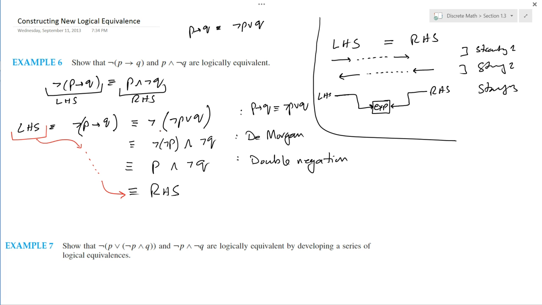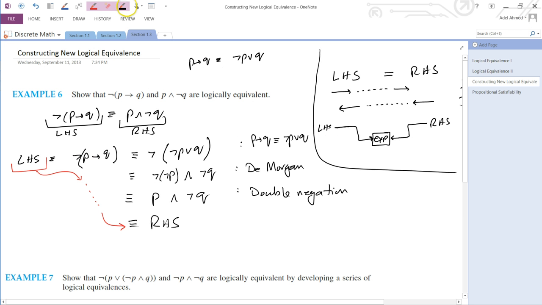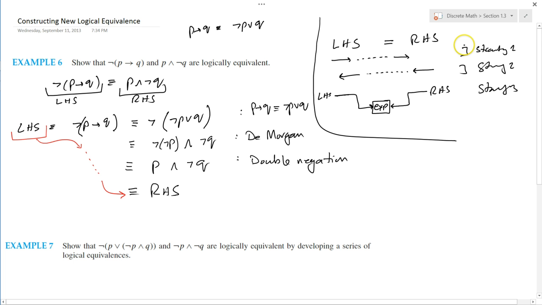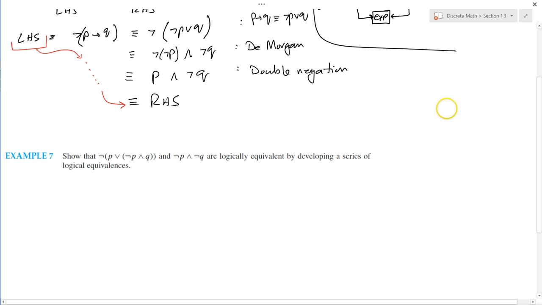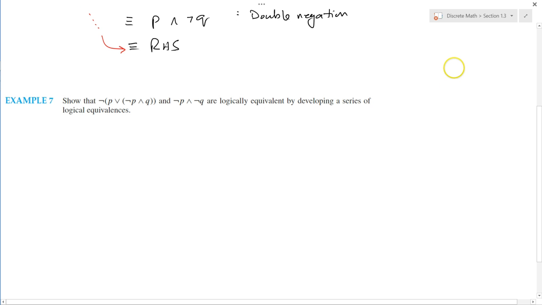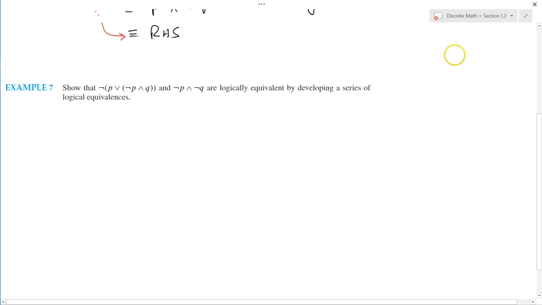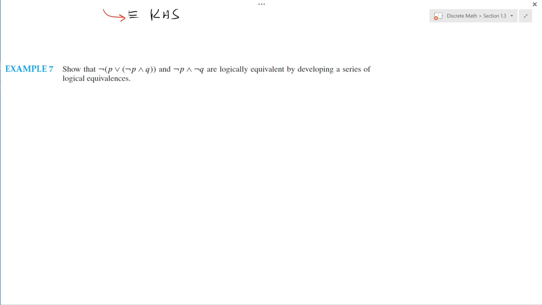So now let's go to the next example, which is a little bit more complex, and see how we can apply the formulas to show the equivalency of the two statements.